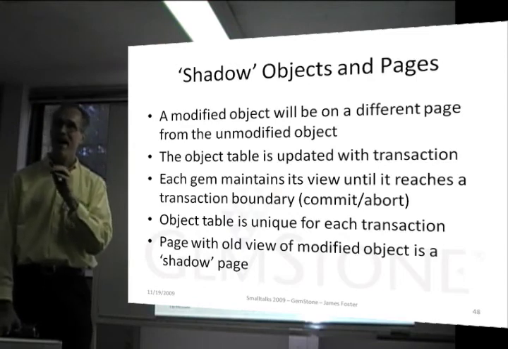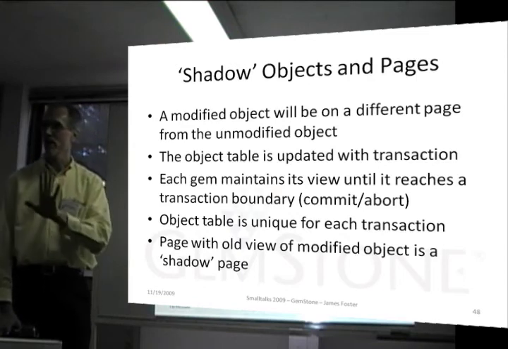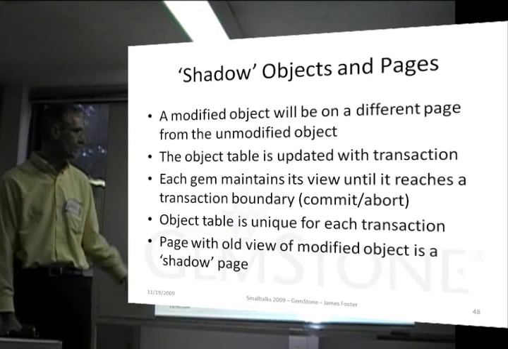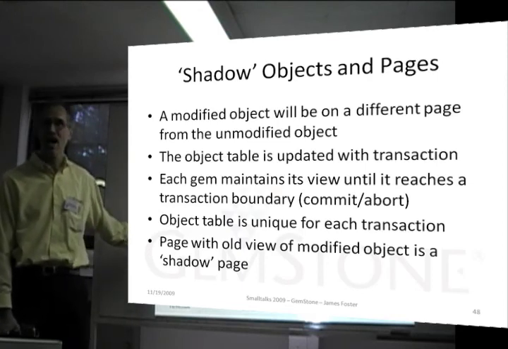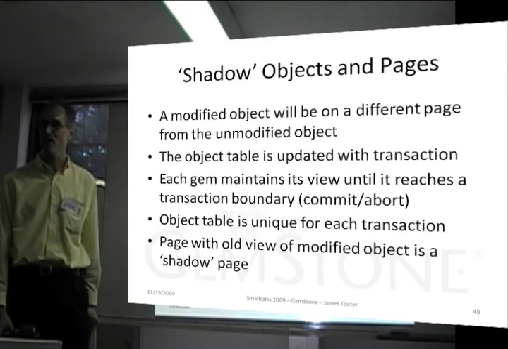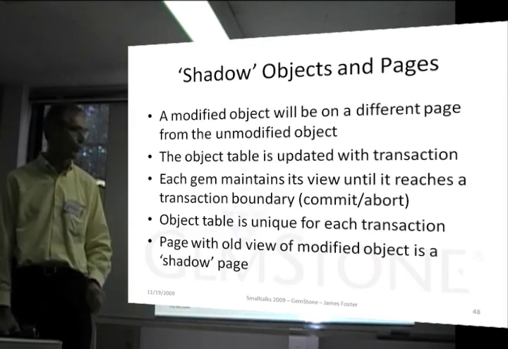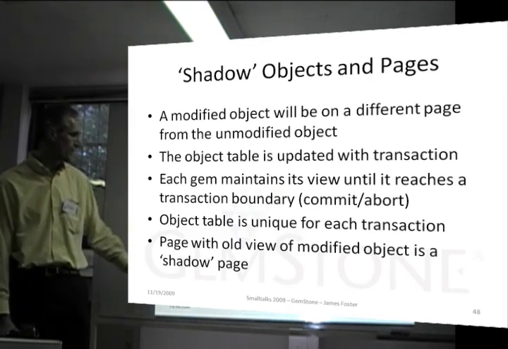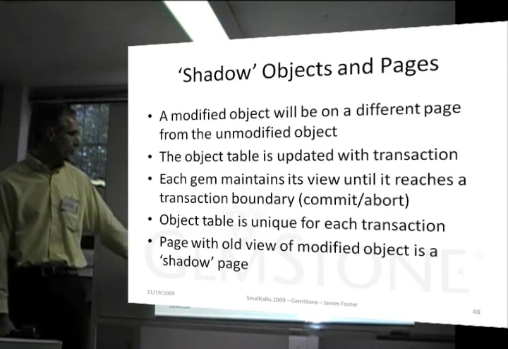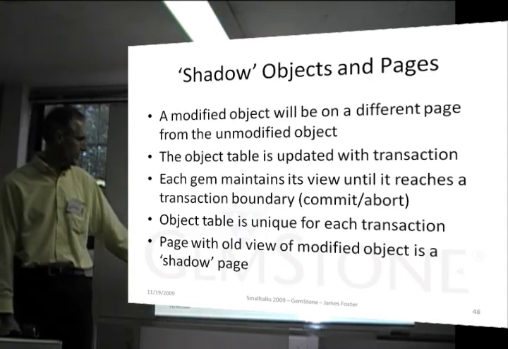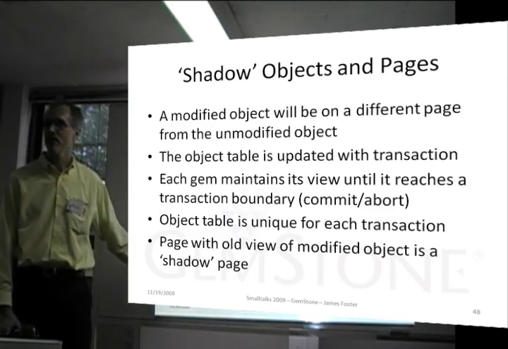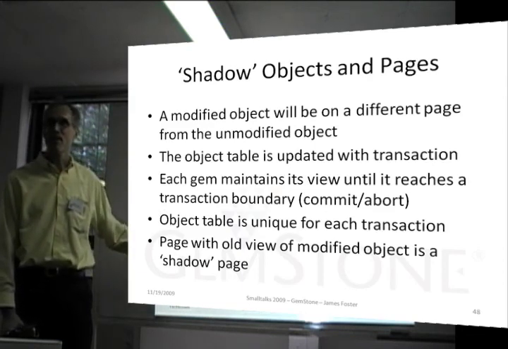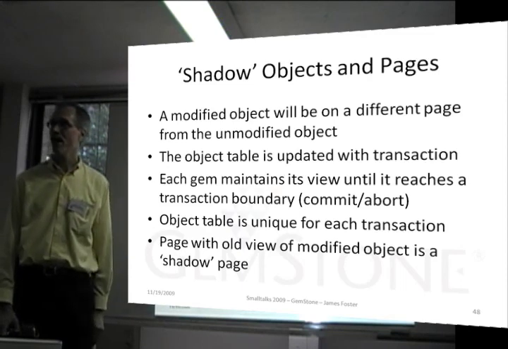You can have an object table that's similar with this change. But there is, in essence, a logical object table for each transaction. Each time you commit, there's a new object table. Pages with an old view of modified objects is a shadow page. So the shadow page is referenced from an older object table.